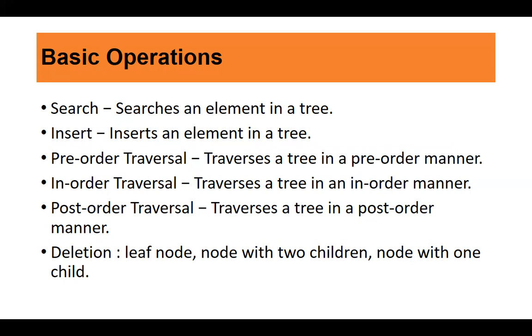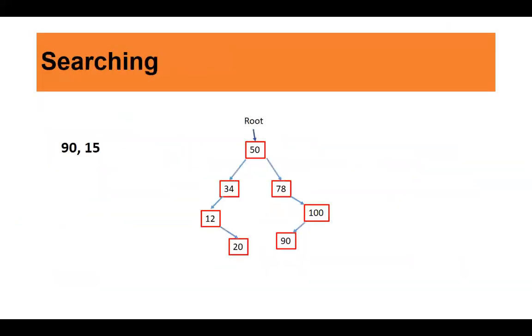The very first one is the search operation. Now, this is a binary search tree. Before searching, let us look at the tree. This is the root, and you have access to the tree only through the root.